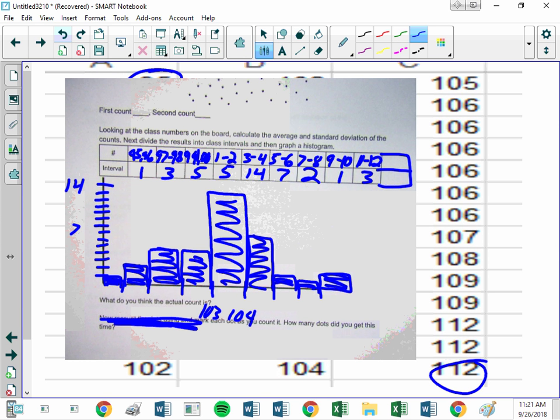I guess we could be a little more careful, right? Why was there so much variation here? What happened? Well, people make mistakes. Maybe you're not very good at counting. Maybe you skipped some dots. Maybe you counted some dots more than once.